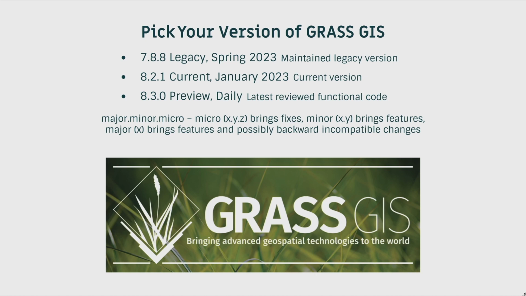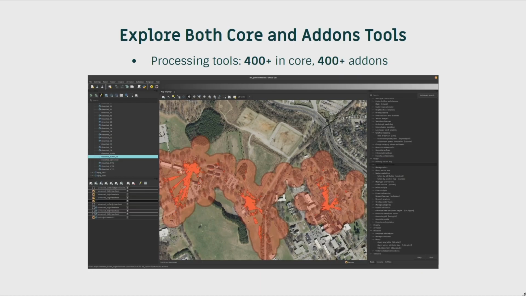And then there is also a preview version. Currently that's 8.3, and that version is built daily from the latest reviewed source code, and that's your way how to test the latest features in GIS.